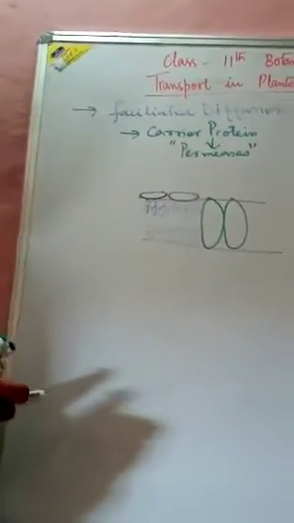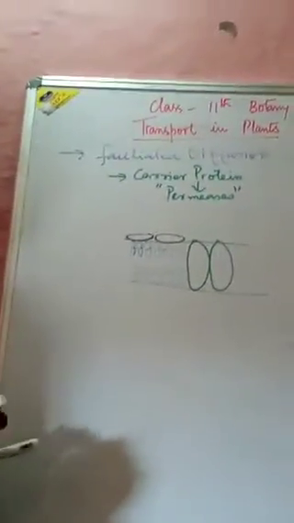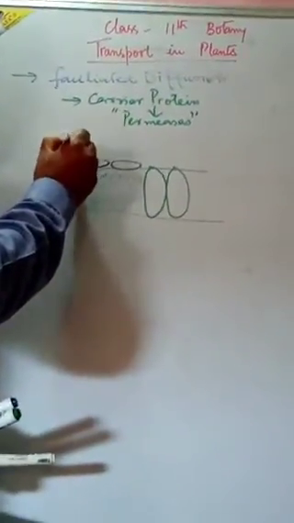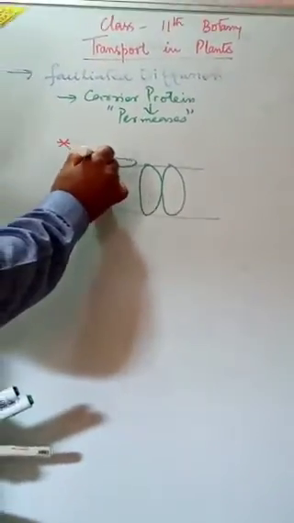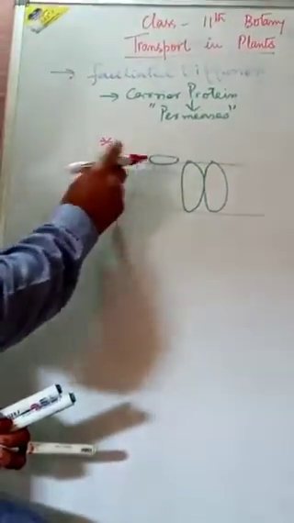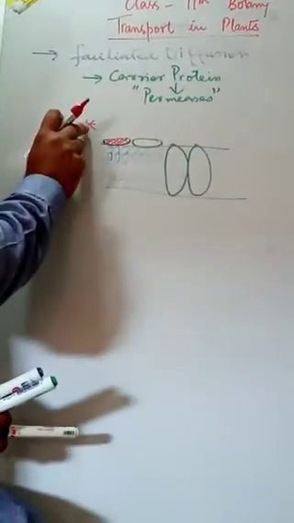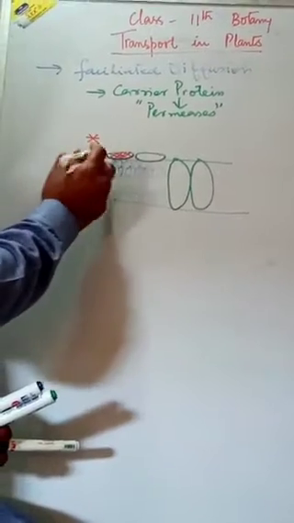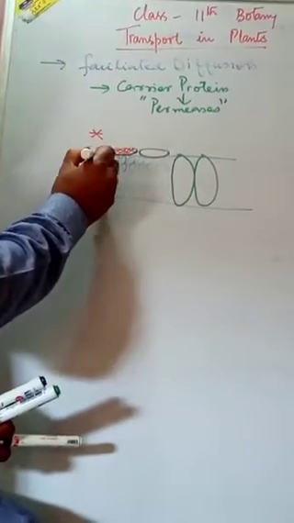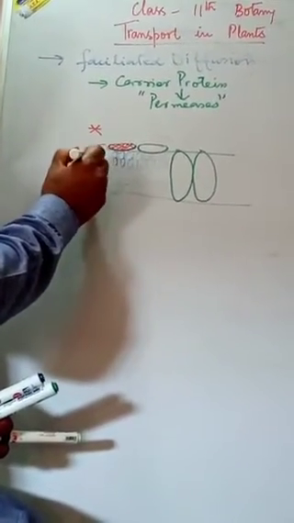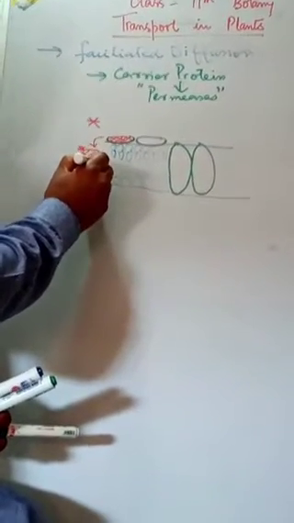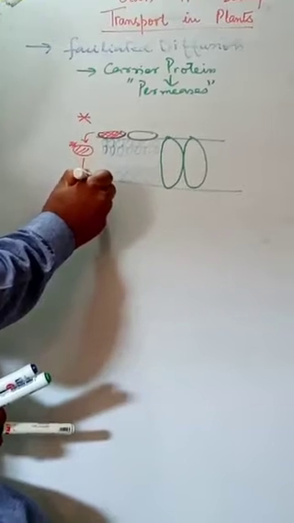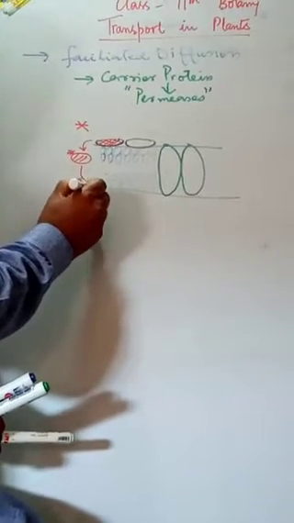Now what happens in this case, if this molecule is to be transported by this extrinsic protein, this protein carrier, this protein gets attached with it and then it moves to that place. Here the protein is attached, then it moves to this side, again the protein is attached.